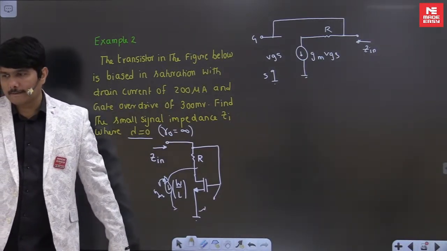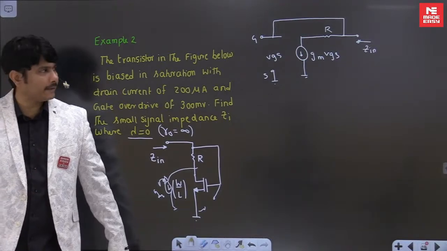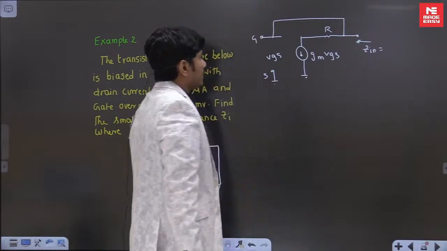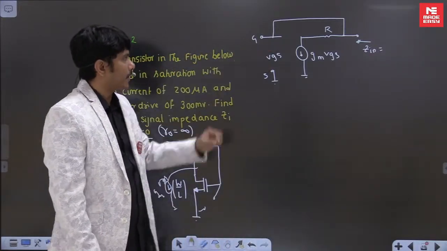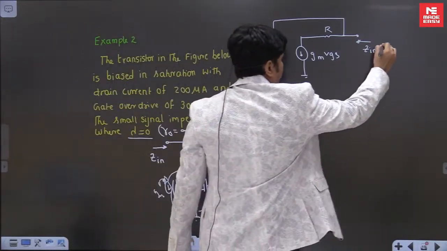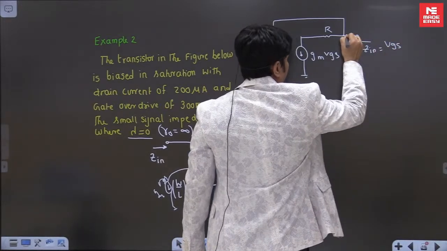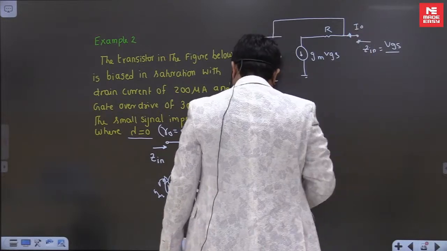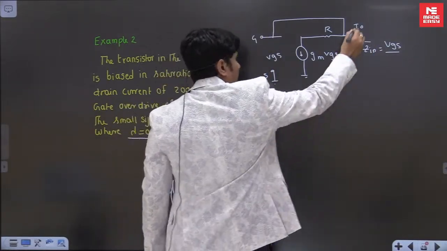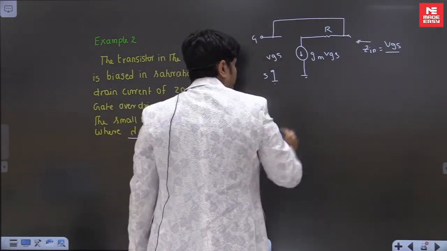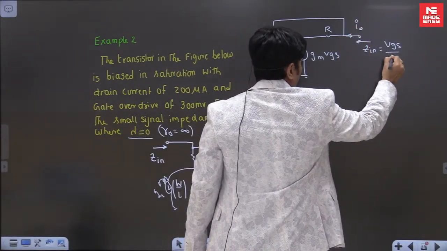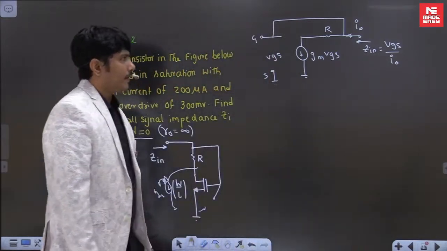So in this question, he is asking ZIN is how much? Can I say that gate to drain, when you connect like this, VGS only will come here, and if you take this current as some I0, this is some small I0, so we have to find this answer.